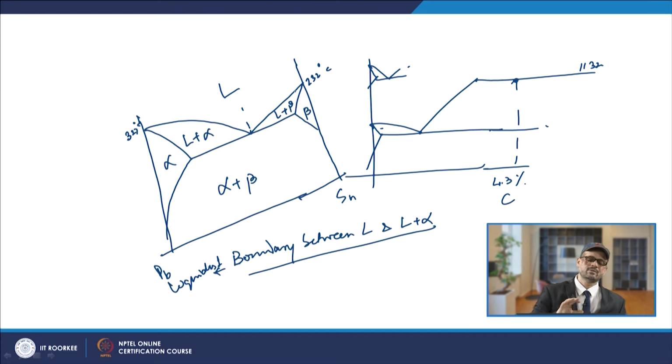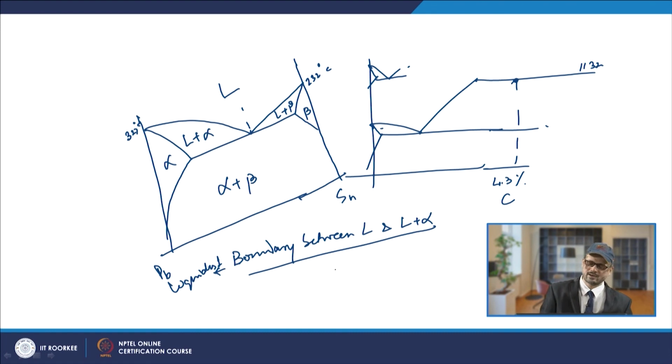Similarly, you will have the solidus line, which will basically be solidus 1 and solidus 2. Now, the solidus line is normally between alpha and L plus alpha, similarly beta and L plus beta. So, this is your liquidus line, this is your solidus line. Apart from that, you also have solvus lines.